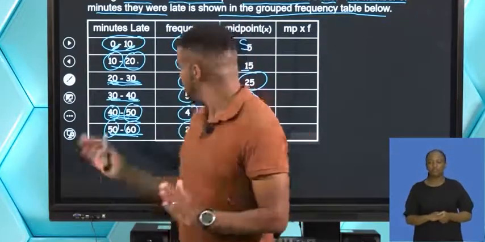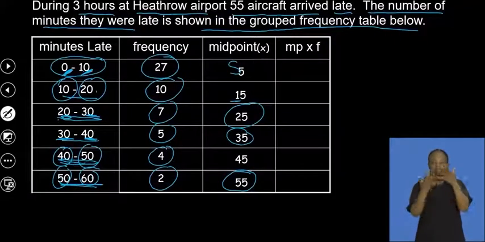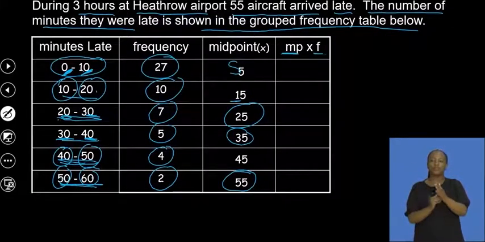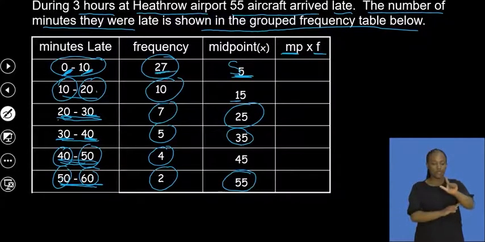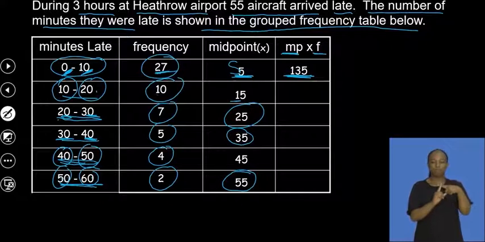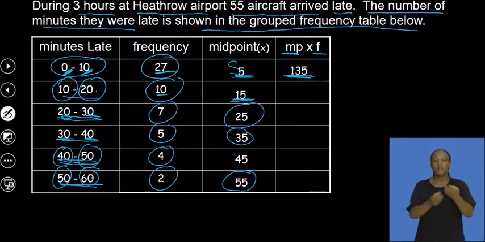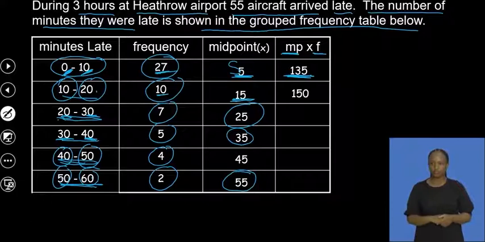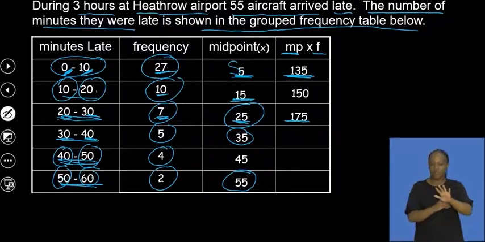Then from there, we have our midpoint. Now, we have to do midpoint multiplied by frequency. So what do we do? 27 times 5, we get 135. That's the midpoint times frequency. 10 times 15, we get 150. 7 times 25, we get 175.